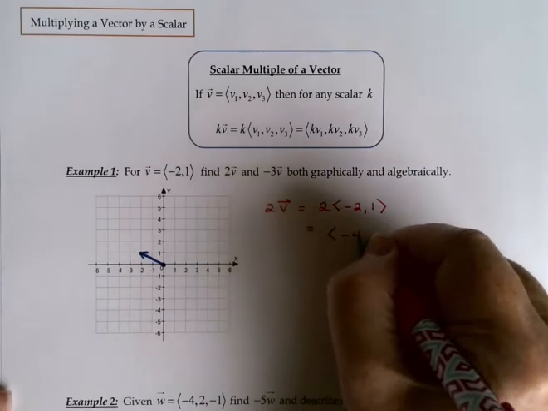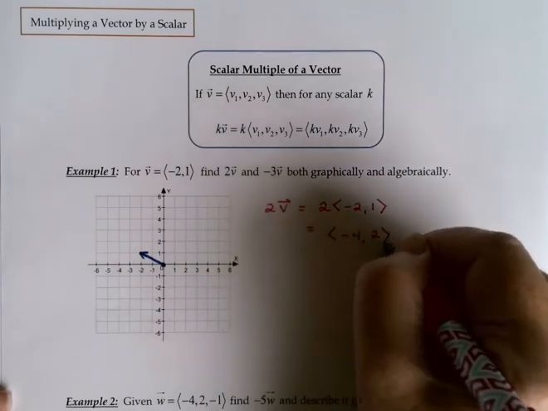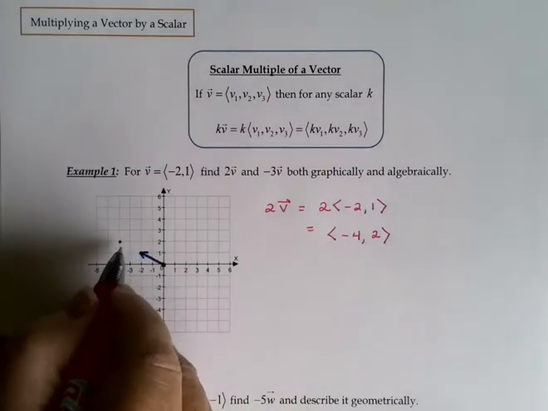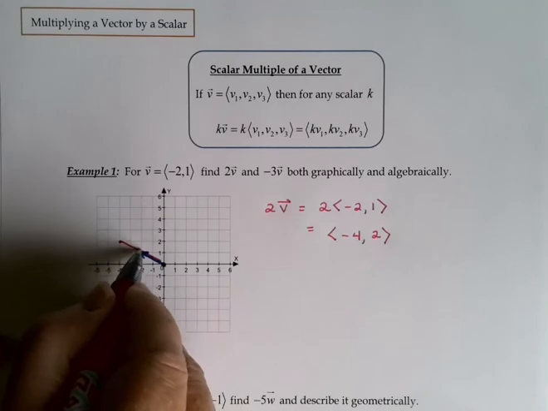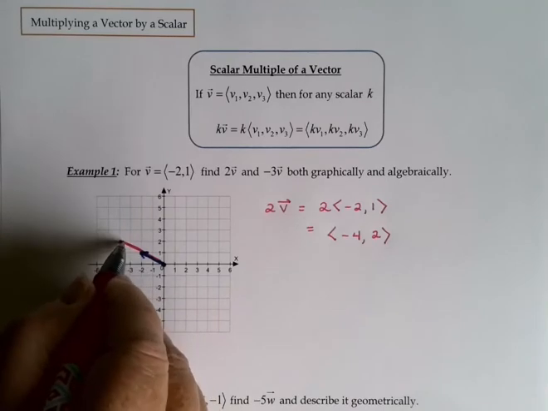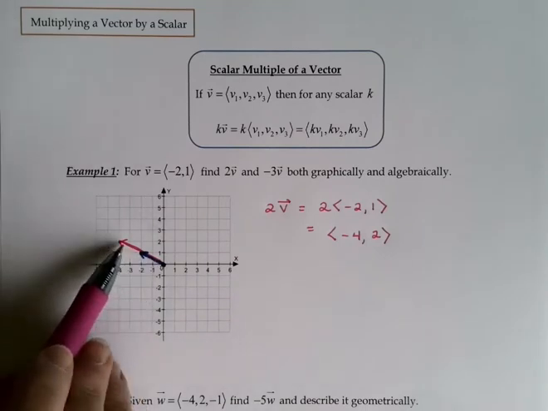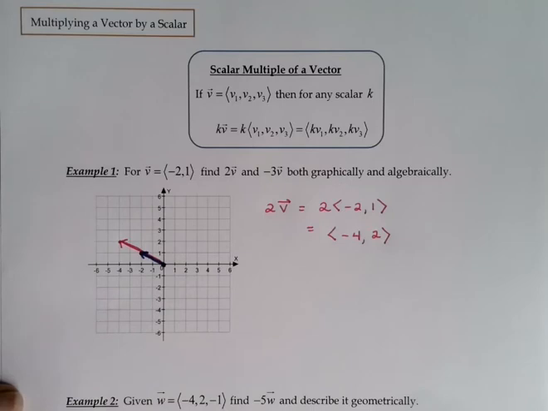And that's going to give me negative 4, 2. And so in standard position again, there is that vector. Of course, what I hope you're noticing is that the vector has the exact same direction as the original. It's just twice as long.